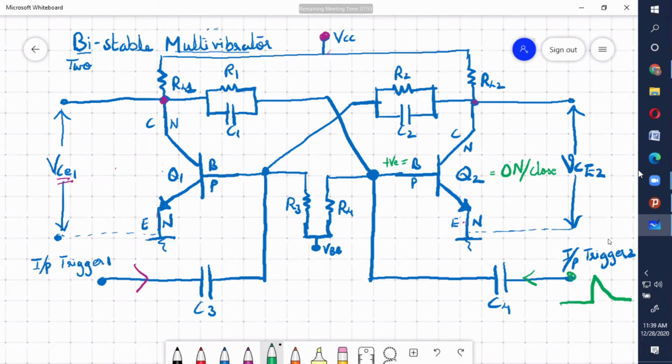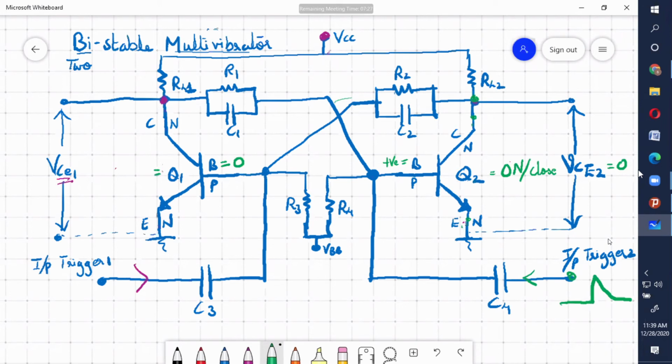If it is a closed switch, this collector and this emitter get shorted. Then what is the output value at this point? VC2 will be having what value? 0. And this 0 that you are getting at this point is being fed to the base of this one. This base is receiving 0 now. So once this base is 0, what will happen to Q1, whether it is on or off?